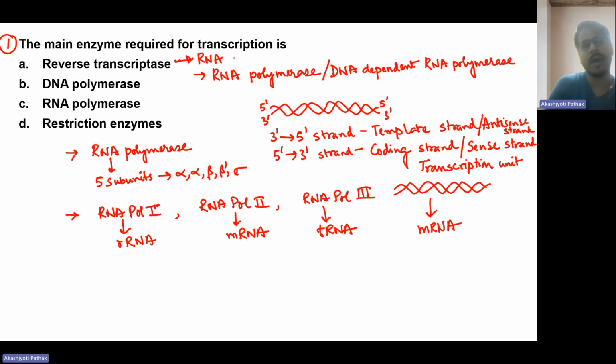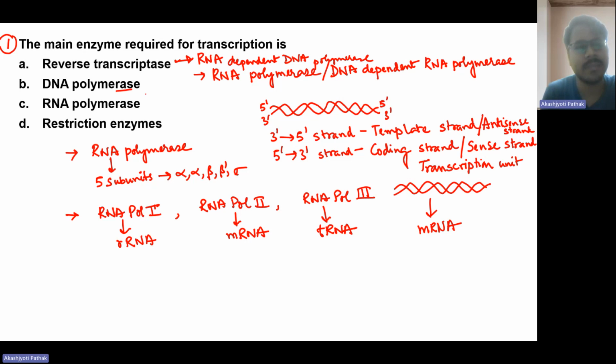Because here RNA is used as the template and DNA is synthesized. Reverse transcriptase is for the synthesis of DNA from RNA.